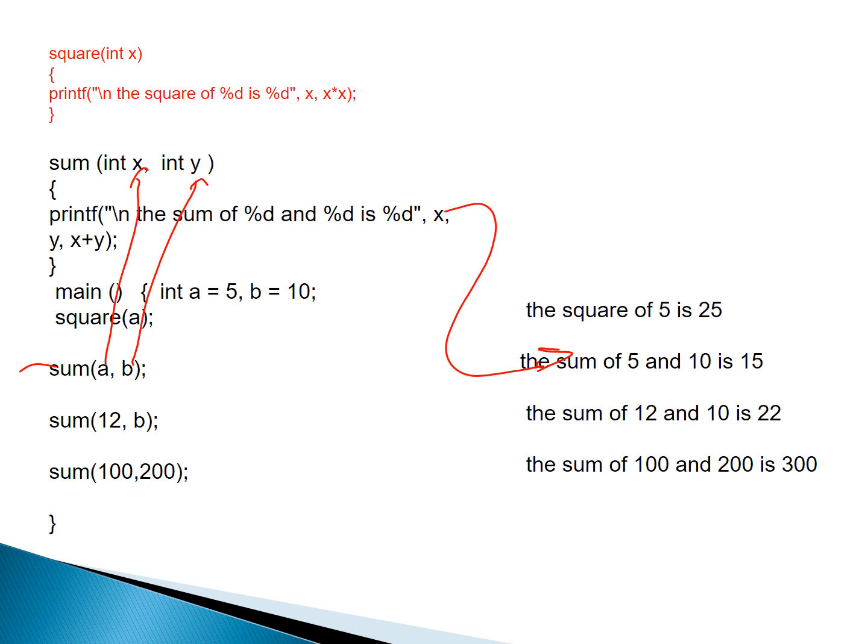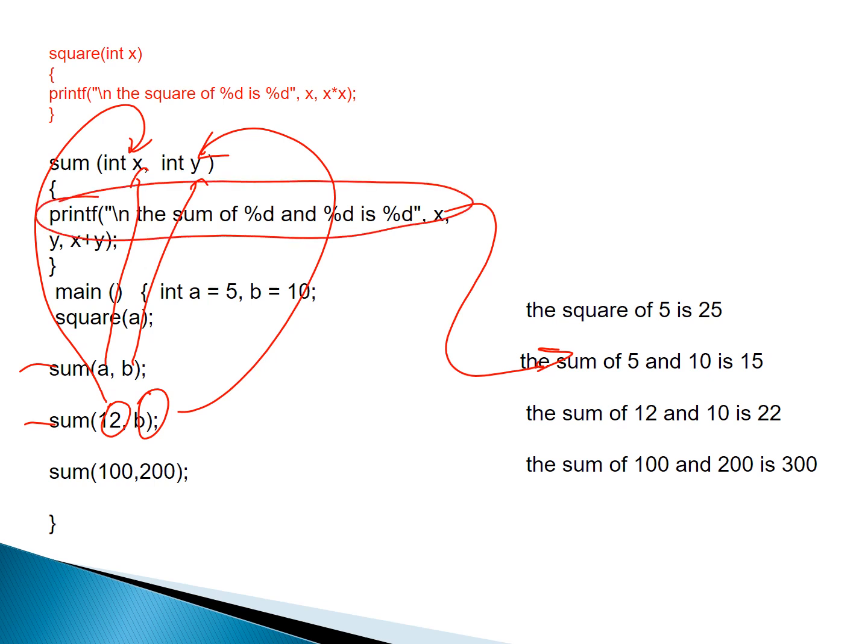In this second sum function call, the first argument will go to the first parameter, which is x, and the value of b, which is 10, will be stored on y, and this is the output of this statement.